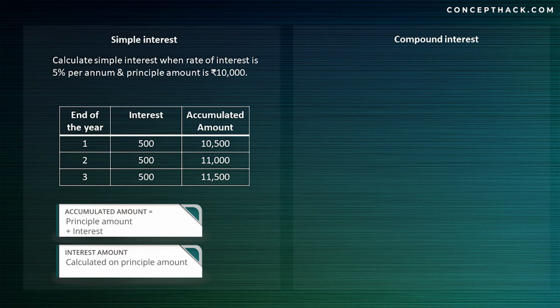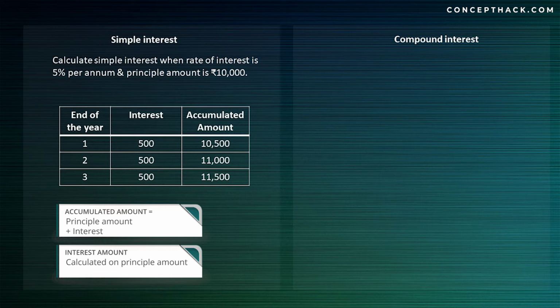At the end of second year, our interest will be again 500, which is 10,000 into 5%. Our accumulated amount will be 11,000, which is principal amount plus interest of first year plus interest of second year. That is 10,000 plus 500 plus 500.